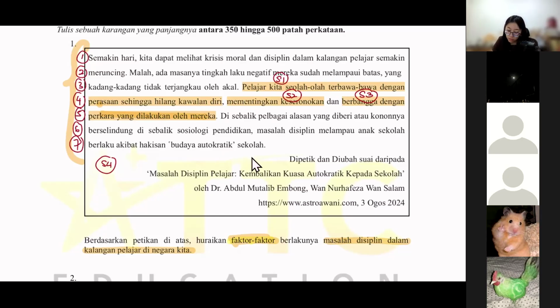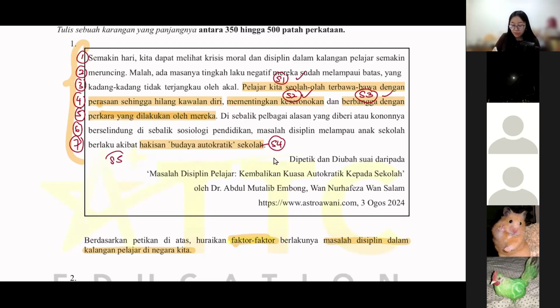Melampau, budaya autokratik. Can, this one can. But this one, if you're not sure how to write, then don't write. So if you can't think about how to explain budaya autokratik, at least you touch 1, 2, 3, that is enough.